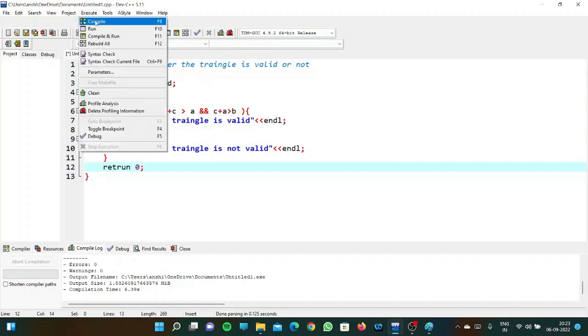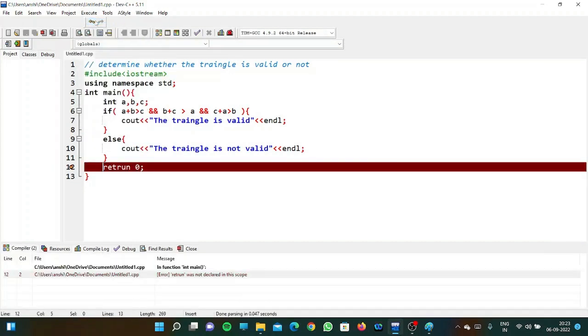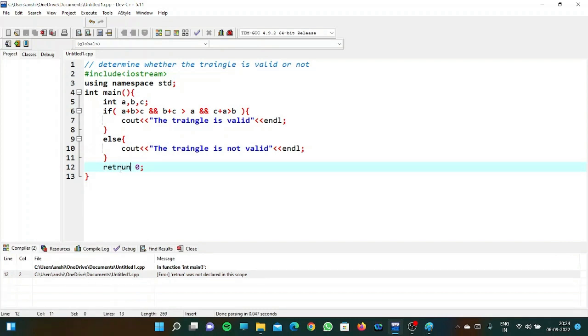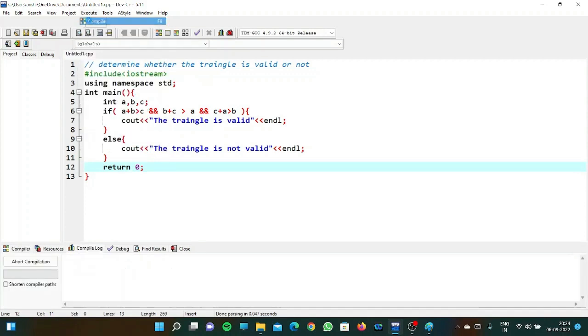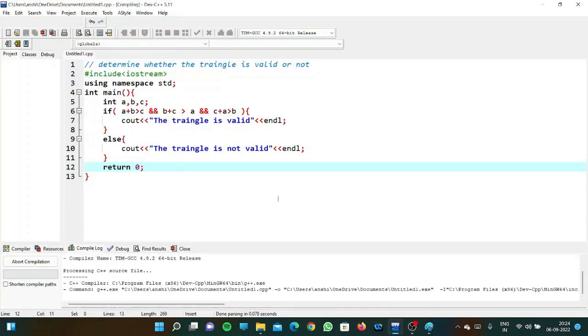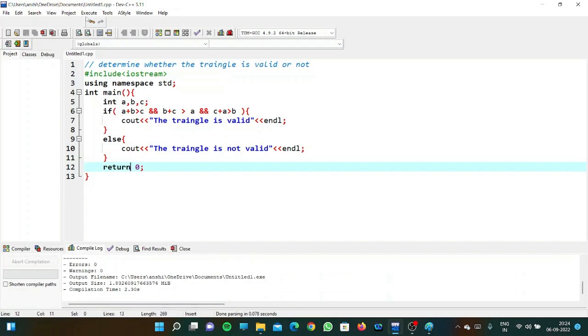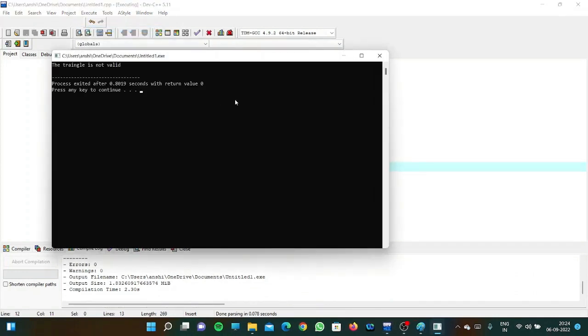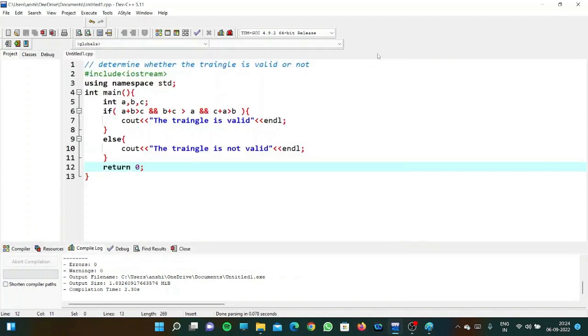Now let's run this. First, let's compile this. There's an error. Oh, I wrote the spelling of return wrong. Yeah, I think it's fine now. Yes. Now let's run this. Oh, right.